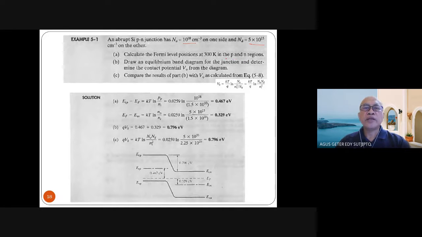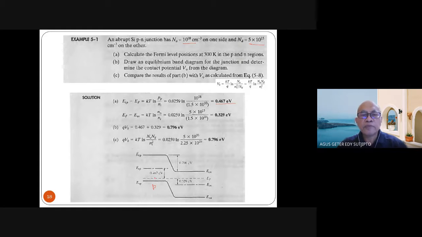Yeah, so from the equation we can have EI minus EF, so the energy of the intrinsic level and then the Fermi level after P and N join. So we have this electron form, actually from the P type. So this is a P type.